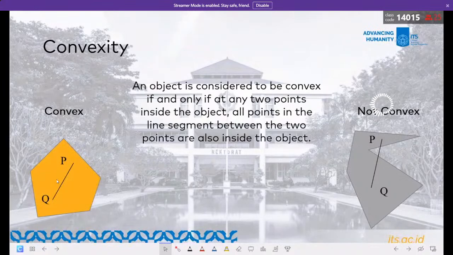Kenapa? Karena kita pilih dua titik di area manapun di dalam area orange ini, itu selalu ketika kita hubungkan dua titik itu, garis yang terbentuk itu mengandung titik-titik yang semuanya ada di dalam area tersebut. Nggak ada yang keluar dari area. Beda ceritanya sama yang not convex.